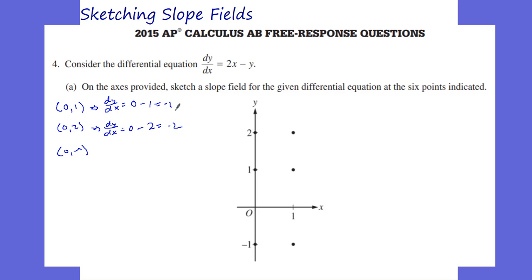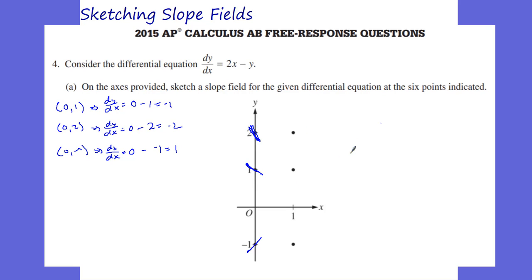That's -2. And my dy over dx is equal to 0 minus -1. That's 1. So we have a +1 slope right here. At 0, 1, we have a -1 slope. And at 0, 2, we have a -2 slope. So it seems like it's getting steeper, isn't it?